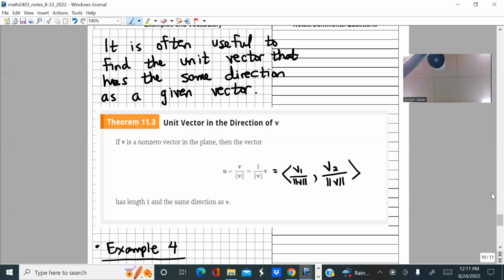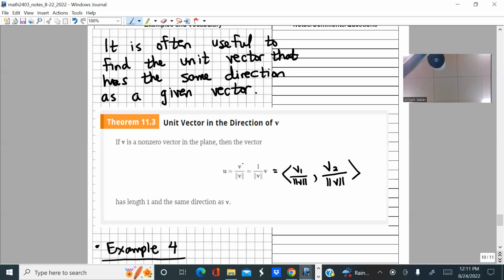The way you can find that unit vector is just take the original vector and divide it by its own magnitude. That's a scalar operation because remember, magnitude is a number, not a vector. Magnitude is a length, which is a single number.